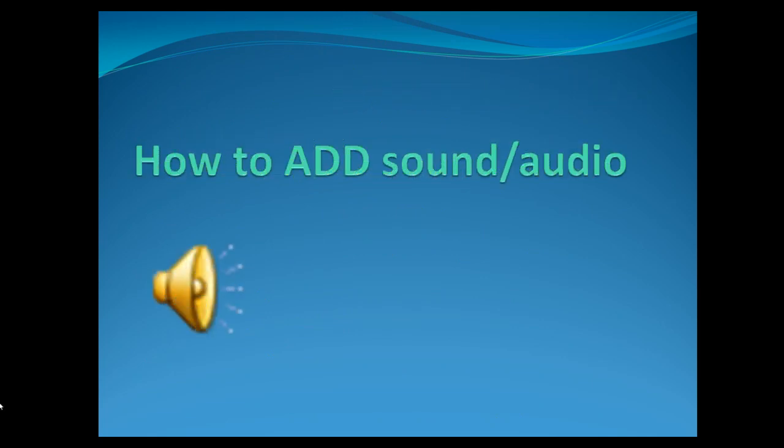Then this was the audio sound which we have given. I'll just click on that sound. As I want to stop that sound, I'll just click on that sound again and we'll go to the next one.